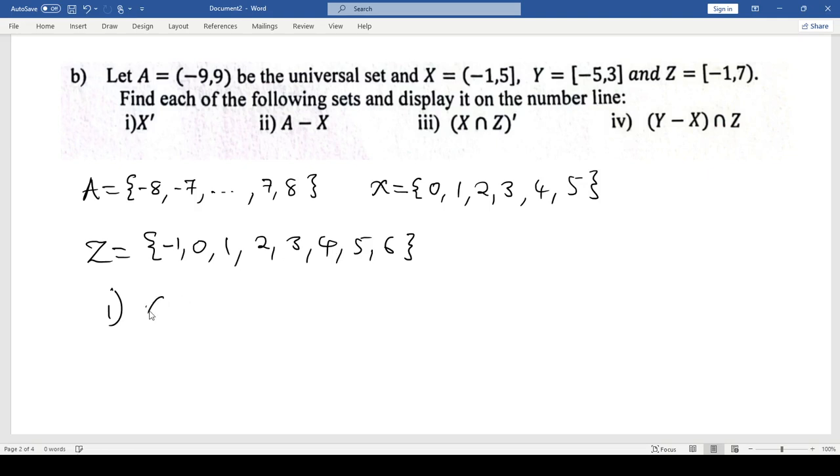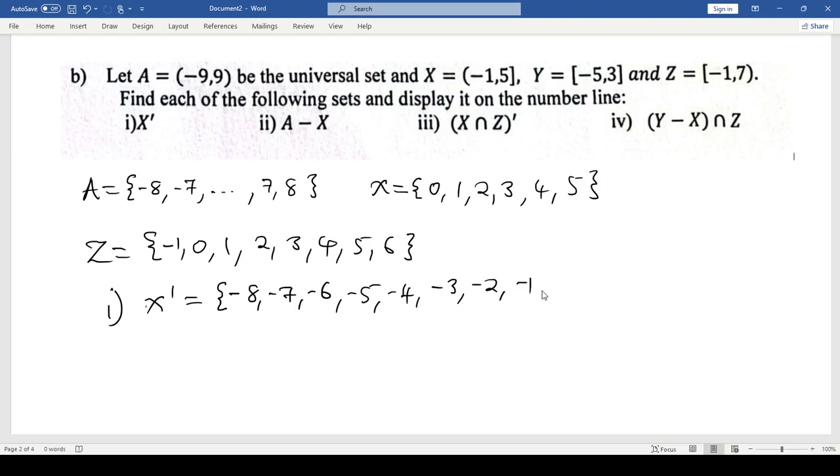So then x complement is simply equal to every element that doesn't belong to set x, but belongs to the other sets that we have here. So we're going to have negative 8, negative 7, negative 6, negative 5, negative 4, negative 3, negative 2, negative 1.